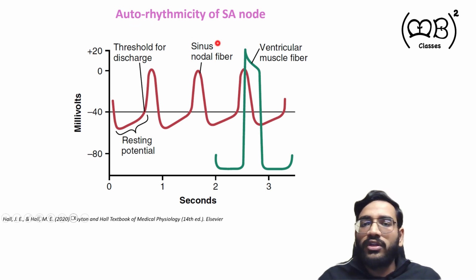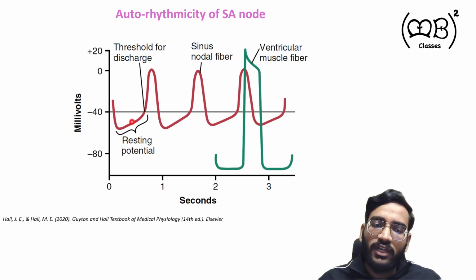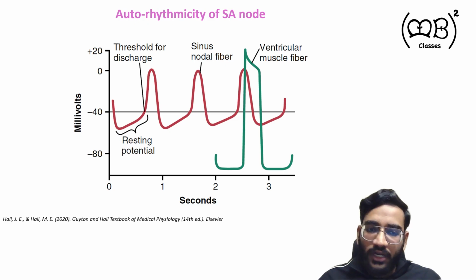So how is autorhythmicity of the SA node occurring? This is the resting membrane potential, or sometimes known as the restless membrane potential, which is from -40 to -60 millivolts. There are leaky sodium and calcium channels present in the SA node. These leaky channels allow the funny current, which is the influx of sodium, to occur continuously. Whenever sodium comes in, the membrane potential becomes more and more positive.